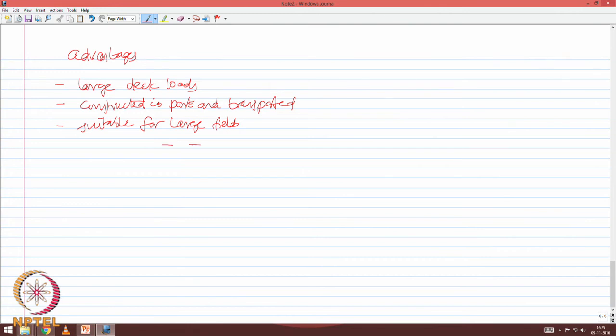They can support large number of drilling wells. They use pile foundation to resist lateral load. Therefore, they have very high degree of stability.